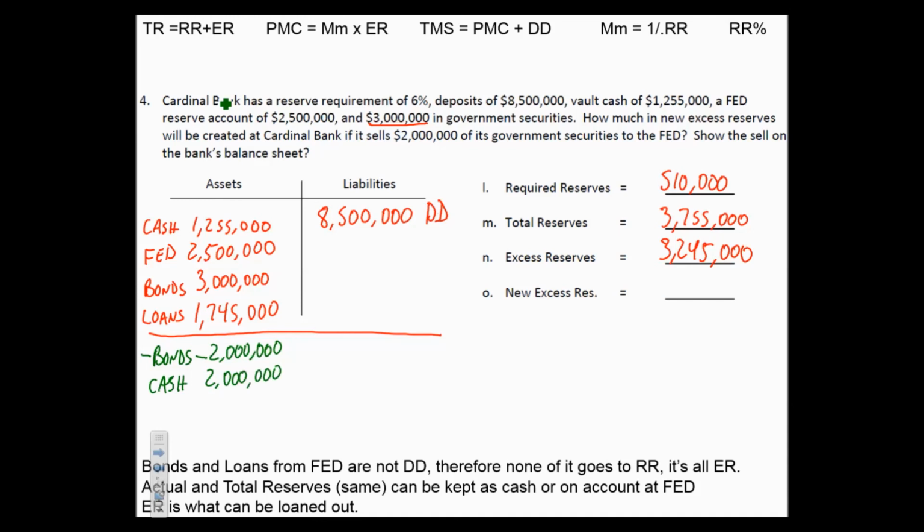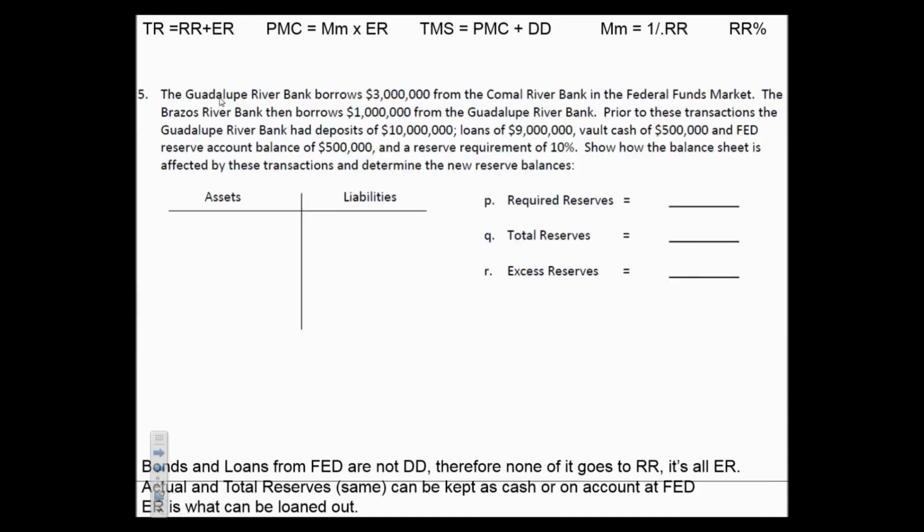And when that happened, what happened to the bank's reserves? They went up. Okay? Required reserves stay the same. But this is going to become 5,755,000. And then the excess reserves are going to become 5,245,000. And so now they can increase their loans. Okay? And so this is why when the Fed buys bonds, what happens to the money supply? It increases.